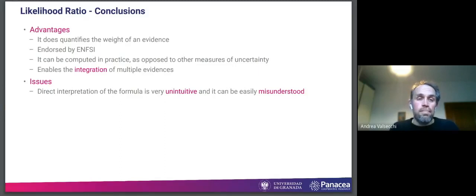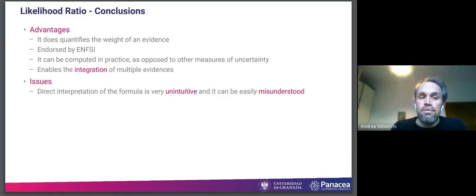It can be computed in practice. I gave you some simple examples, but later we will see applications closer to the real world. And finally, even if I didn't touch on this topic, it's easy to integrate multiple evidences when you are using the likelihood ratio, right? So this is another important advantage.